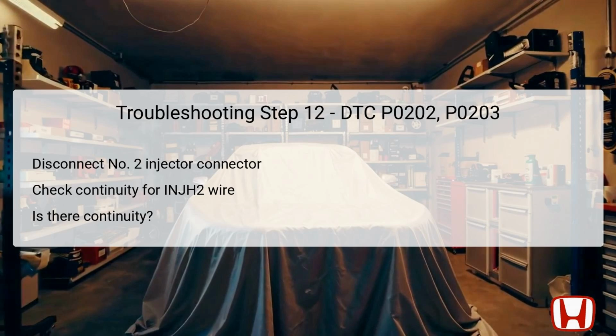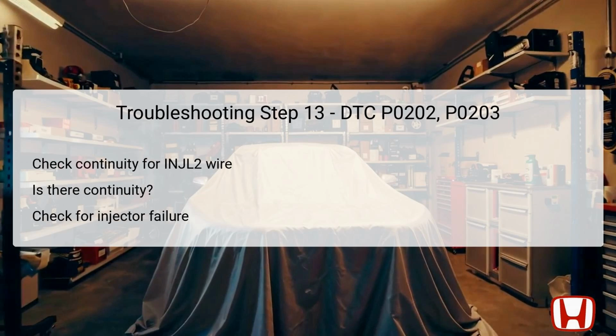If continuity is verified, it confirms that the INJH2 wire is operational, allowing you to progress to further checks. However, if failed, immediate attention must be directed to locate and rectify the open wire condition present in the INJH2 circuit.